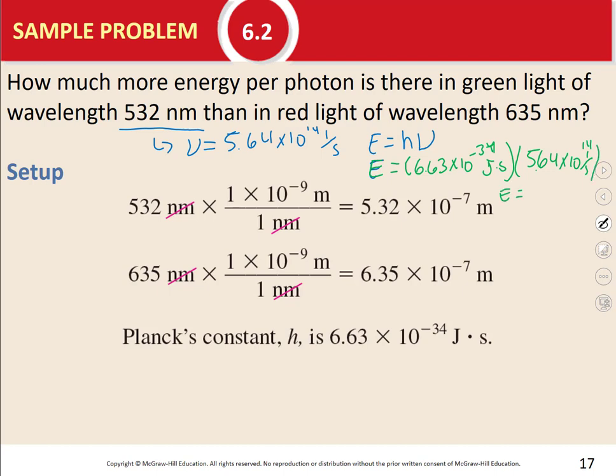So the energy of our green wavelength is 3.74 times 10 to the negative 19, and that's in units of joules.